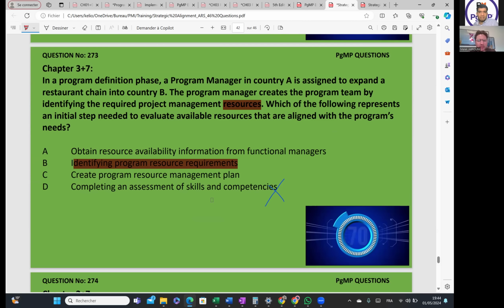A program manager in country A is assigned to expand a restaurant chain into country B. The program manager creates the program team by identifying the required project management resources. Which of the following represents an initial step needed to evaluate the available resources that are aligned with the organization needs? So here the keywords are available resources and aligned. So he's talking about how you will evaluate them. Identify program resource requirement is the first step.